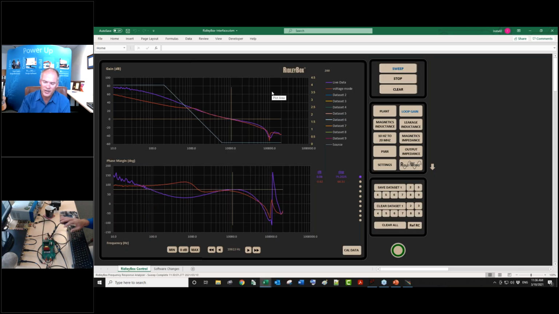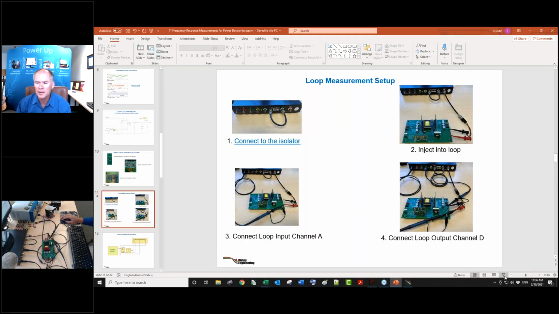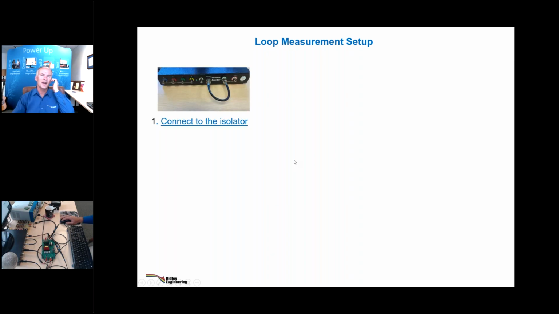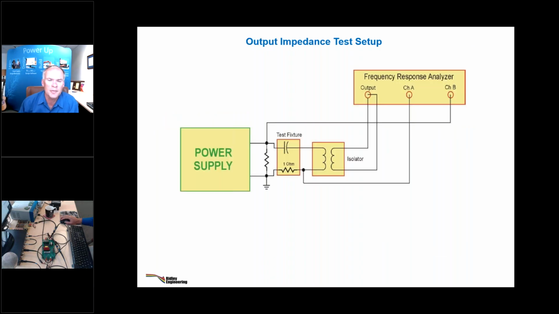It's much harder to drive the output impedance properly. Why is that? If 20–30% of our industry does loop measurements, I would say about 10% of the industry does output impedance measurements, just because they don't know how to get this going.